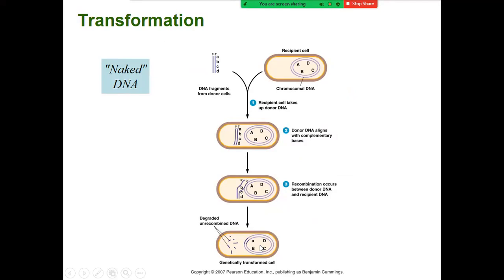So in this case, the DNA for A, B, C, and D moves into the cell, but only the lowercase a recombines with the chromosome and then will be expressed.